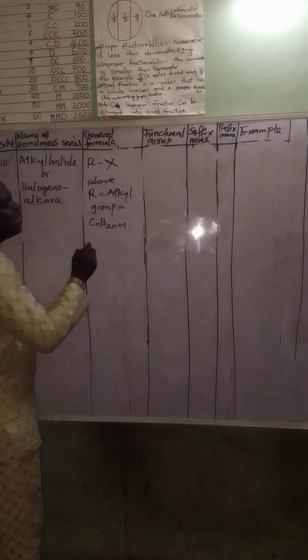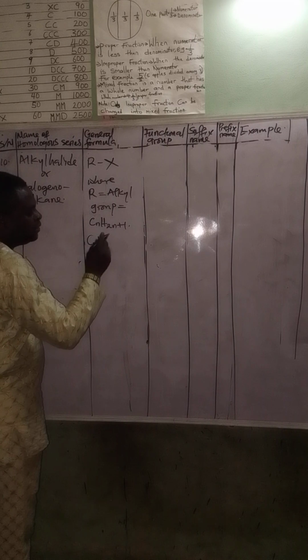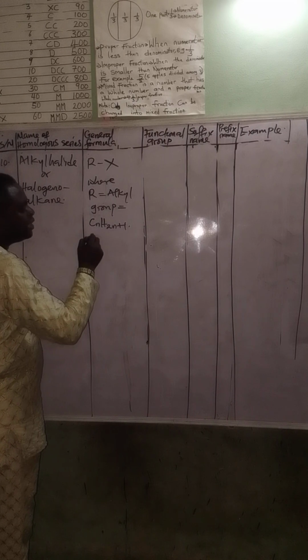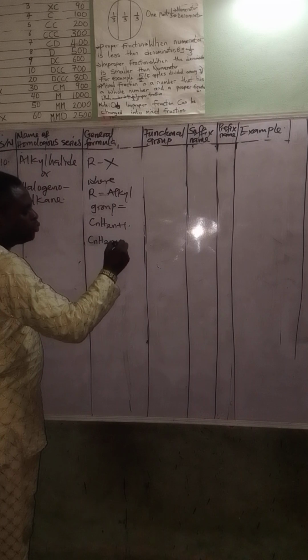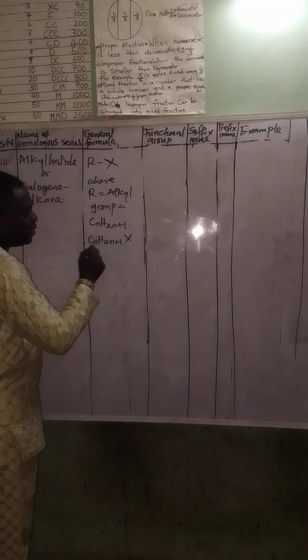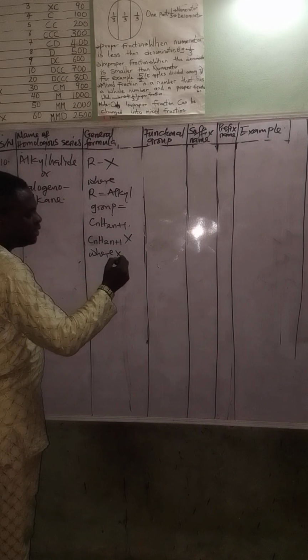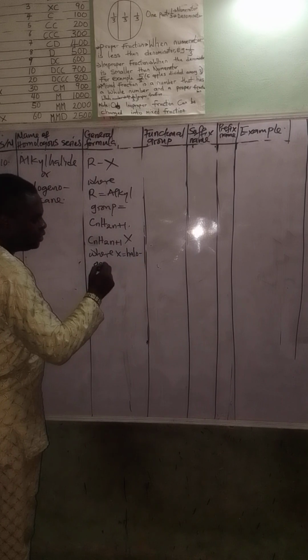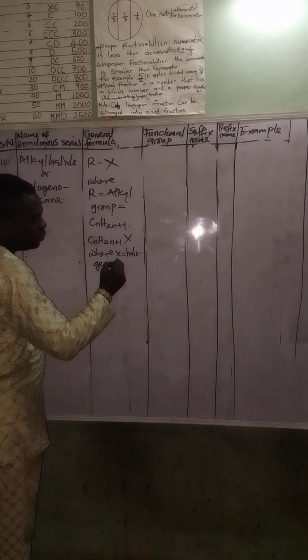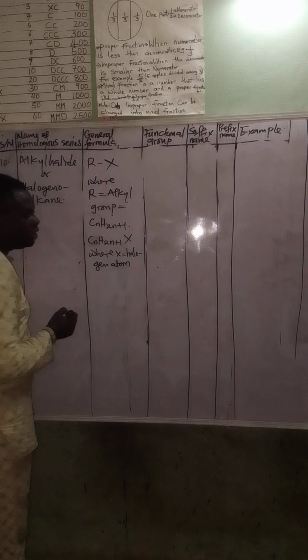So the general formula can still be rewritten as CnH2n+1X. Then what is X? Where X is halogen atom. And halogen means group 7 elements.